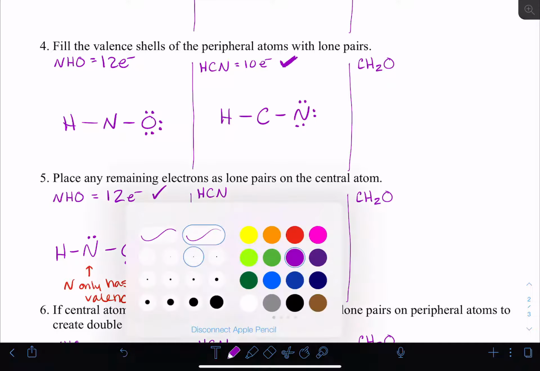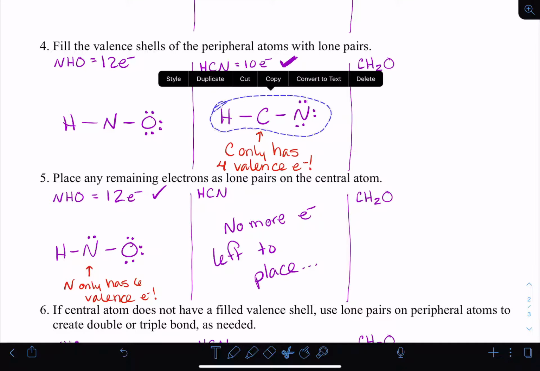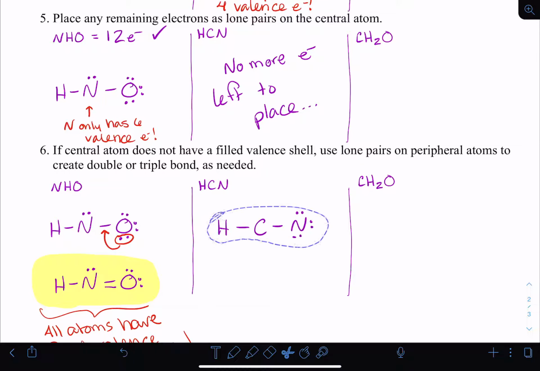But you will notice that carbon only has 4 valence electrons. It has 2 bonds and nothing else, and that is not enough. It wants 8. So we don't have any lone pairs to give it, but we can create some multiple bonds.